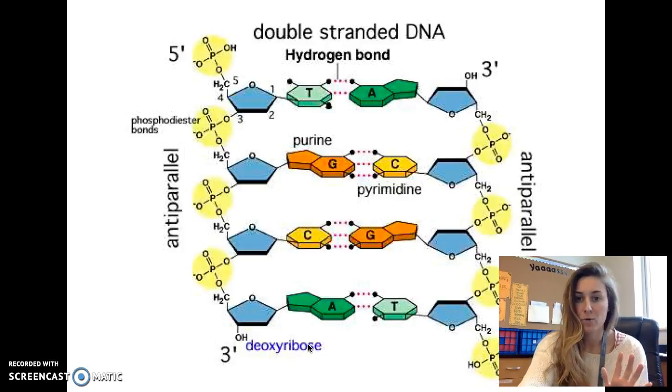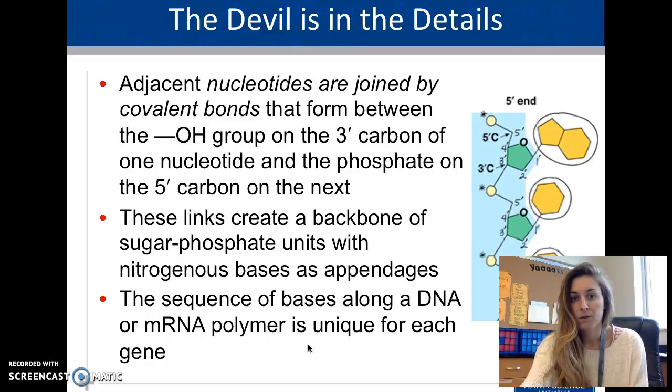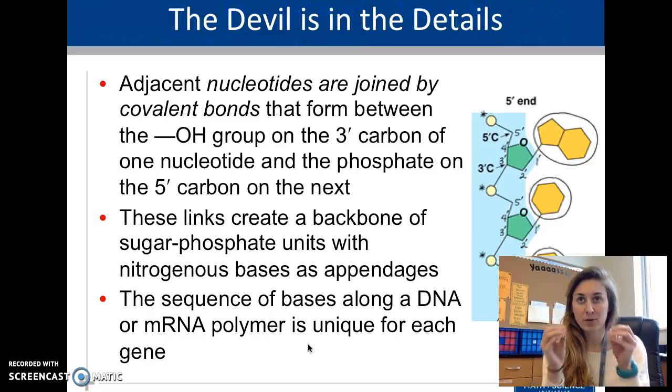If we look back, we see that a purine is always going to pair up with a pyrimidine, which means that we always have that pair going on. So we have our 2 amino acids, that is the rungs of our ladder, basically.